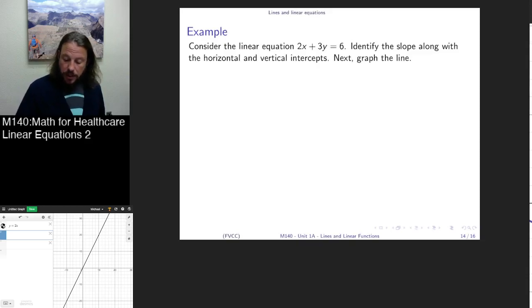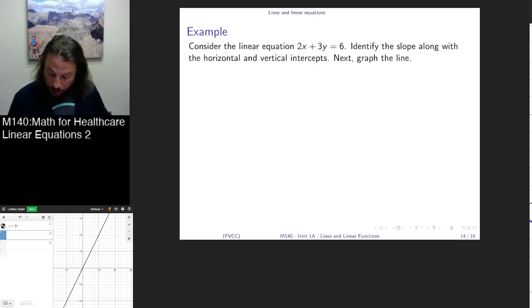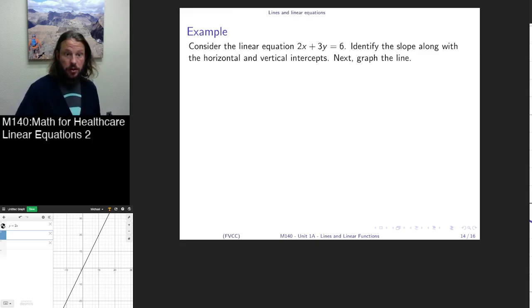Now we consider the linear equation 2x plus 3y equals 6. Identify the slope along with the horizontal and vertical intercepts, and then graph the line. One way to find the slope is to put it in slope-intercept form.